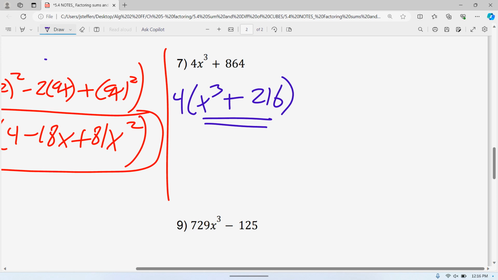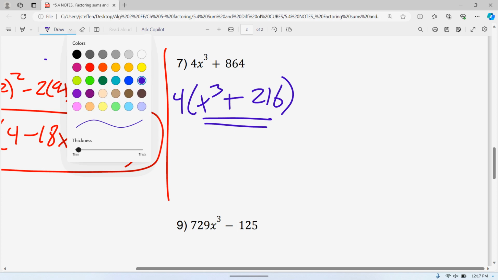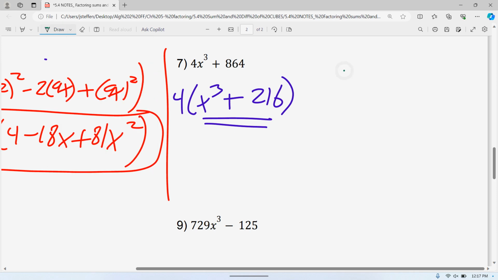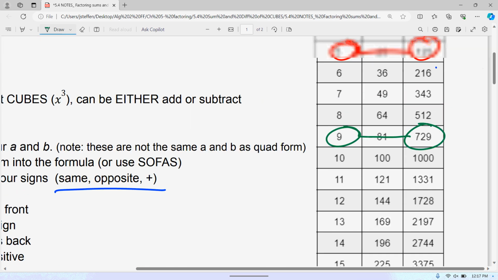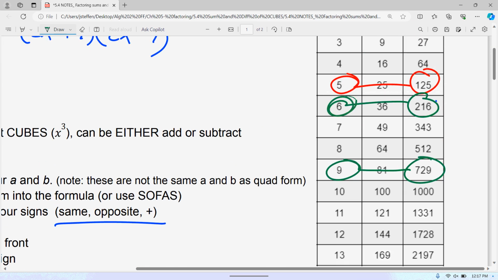Other factoring method is greatest common factor. That definitely will be somewhere, but that's back from section, I think it was 3. So from here, we have x, my a, my b, 216. Again, if you need to go look, 216 is 6 to the third.